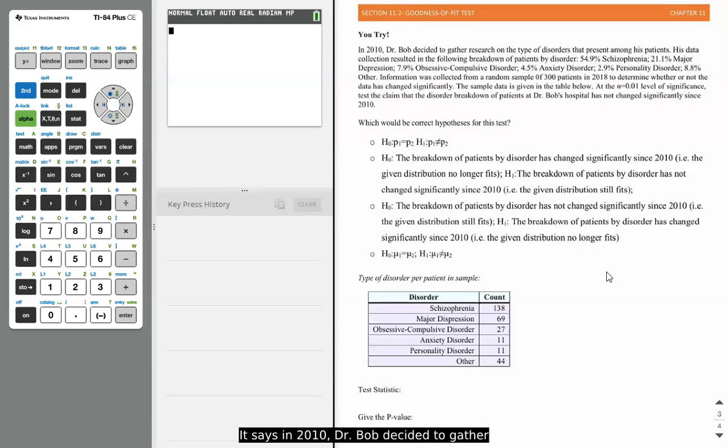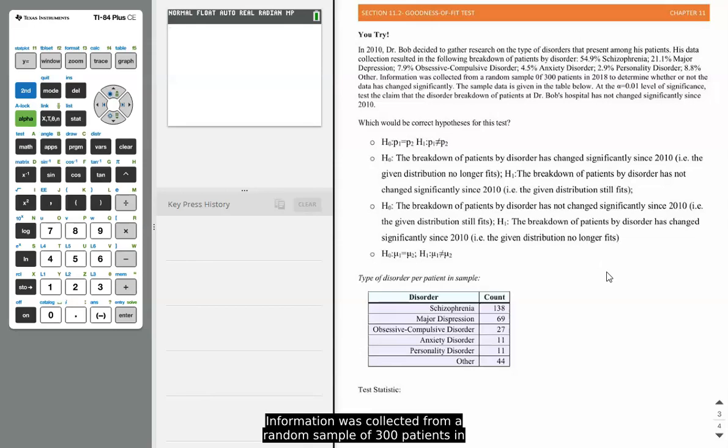So it says in 2010, Dr. Bob decided to gather research on the type of disorders that present among his patients. His data collection resulted in the following breakdown of patients by disorder. So 54.9% schizophrenia, 21.1% major depression, 7.9% obsessive compulsive disorder, 4.5% anxiety disorder, 2.9% personality disorder, and 8.8% other.